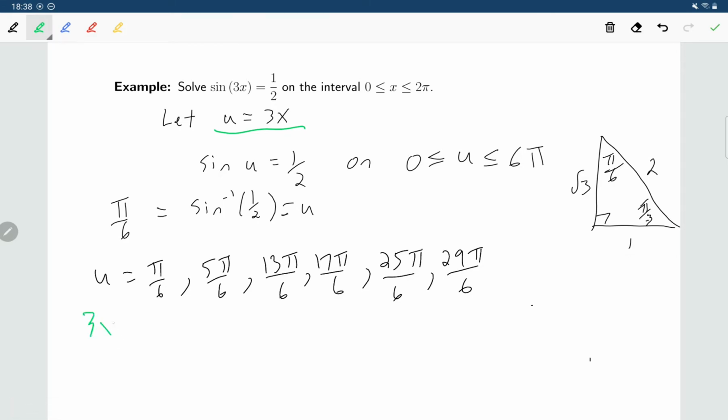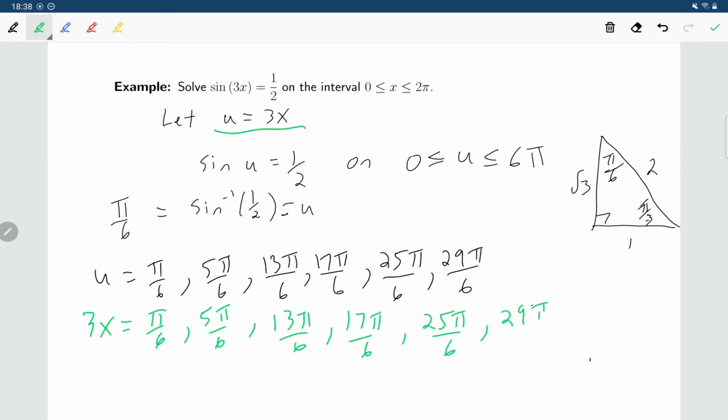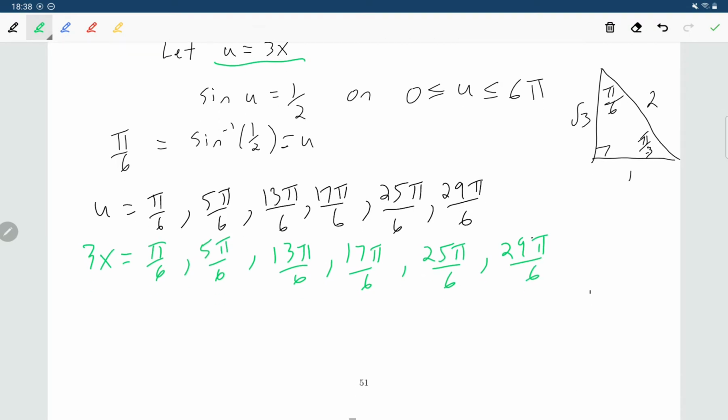the same thing as 3x, then 3x is equal to pi over 6, 5 pi over 6, 13 pi over 6, 17 pi over 6, 25 pi over 6, and 29 pi over 6. And solving for x, we just need to divide everybody by 3.